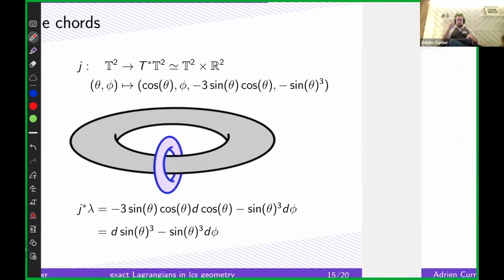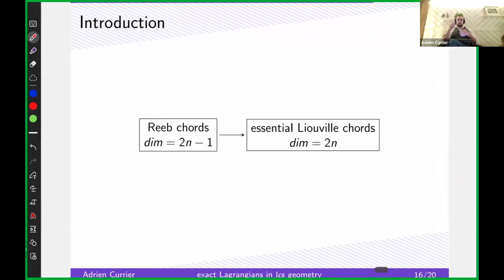However, do keep in mind that the projection was linking the behavior of jet spaces to the behavior of cotangent bundles. And this is good for us because in contact geometry there are ruptures, right?